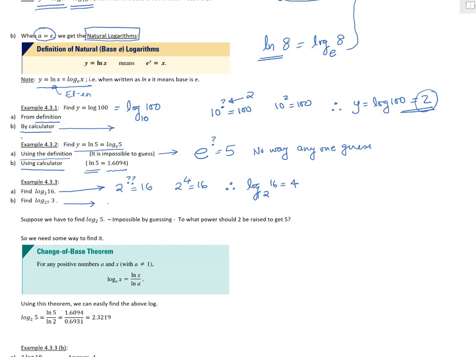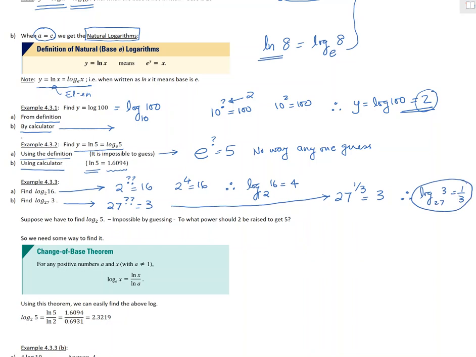So that means I want to know 27 raised to what power is going to give me 3. Now this is not very obvious, but 27, if we take the cube root of it, that means raise it to the power 1/3, then I'm going to get 3. So therefore, log of 3 to base 27 is 1/3.